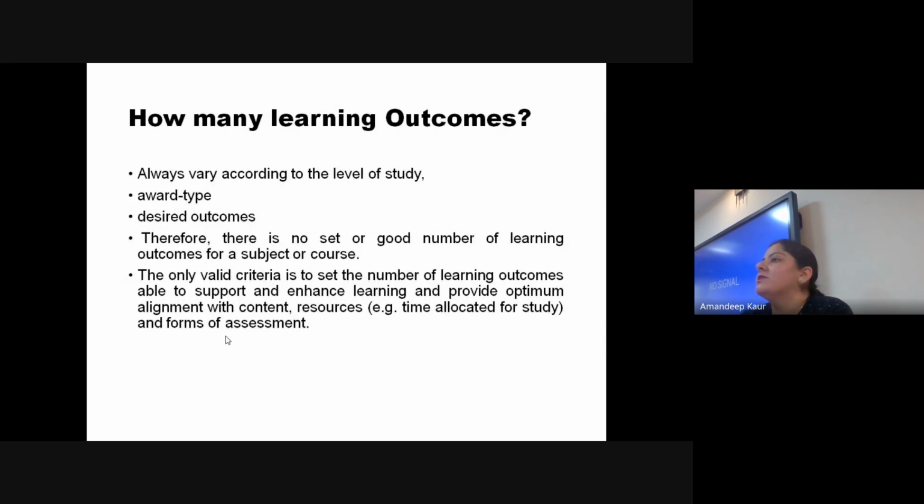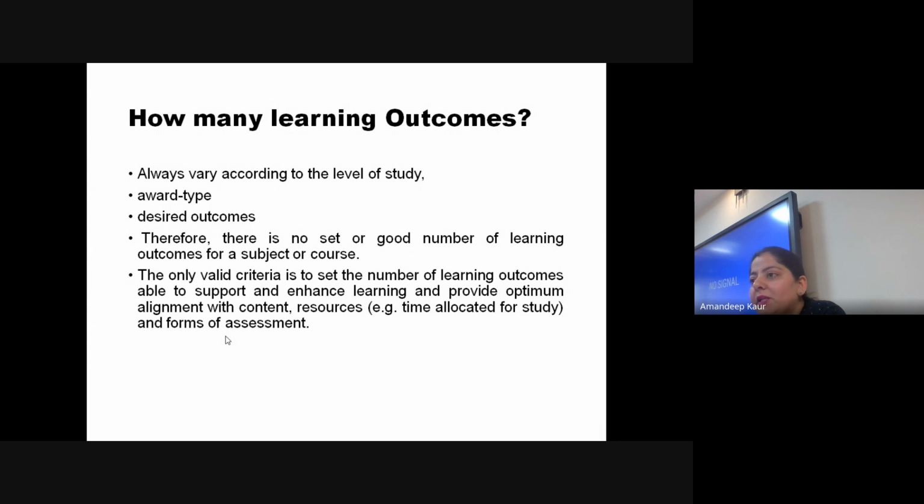Learning outcomes are not 3 or 5 or 4. It is totally dependent upon the level of the study. When I'm saying level of the study, learning outcomes are designed at a lesson level. Say for today's class, what is the learning outcome that you want your student to achieve? So किस चीज पे depend करेगा? What topic you are going to deliver today? Is the topic simple or complex by nature?